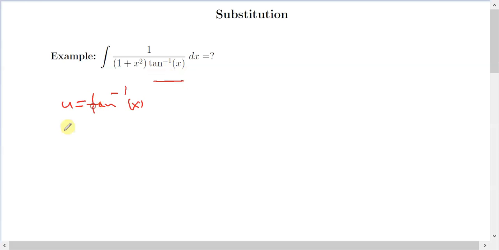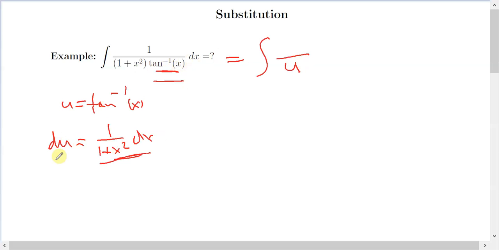And what I get when I do that is du is 1 over 1 plus x squared dx. Well, you can see that once I substitute in for this, cover it up, what's left is 1 over 1 plus x squared dx. So this one's been set up to work really nice. I'm going to put the u in, and then what's left gets replaced nicely by du.